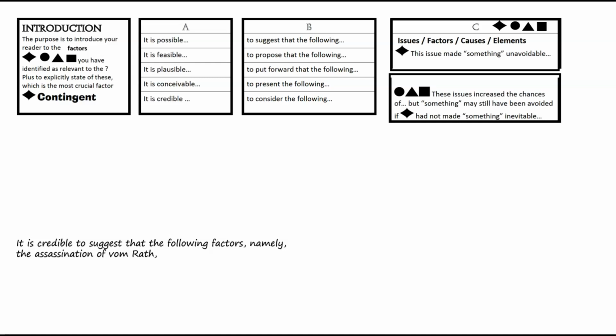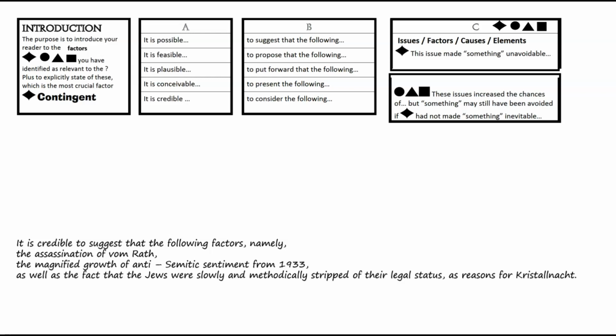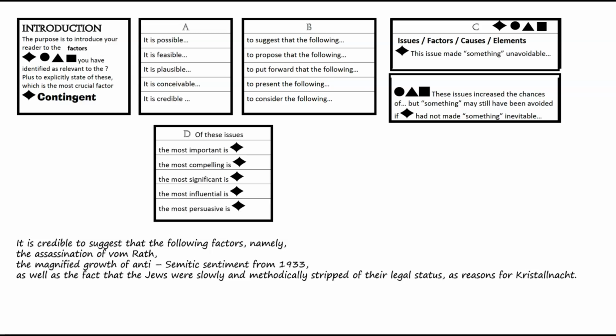And then the following factors are really essentially the conditions that existed. So there we had said the magnified growth of anti-Semitic sentiment from 1933, as well as the fact that Jews were slowly and methodically stripped of their legal status, as reasons for Kristallnacht.